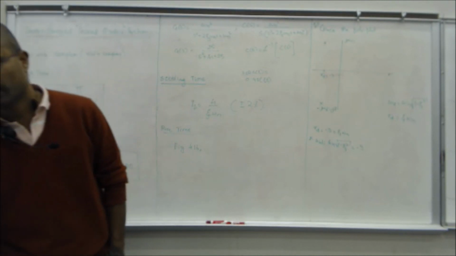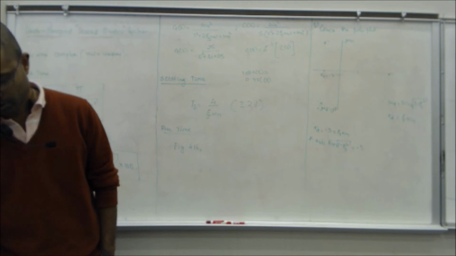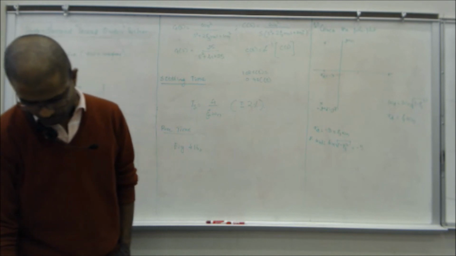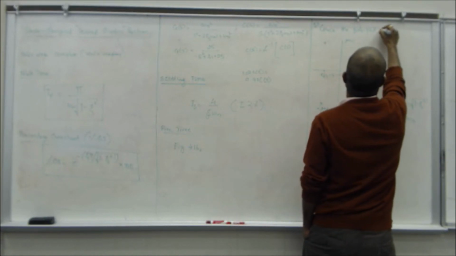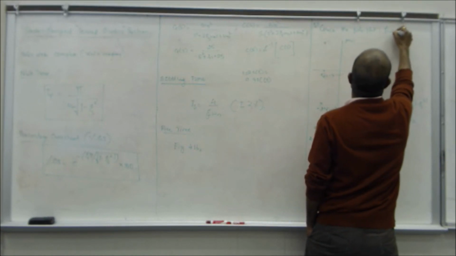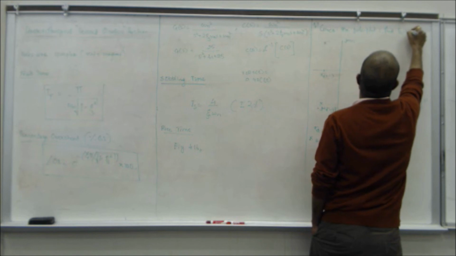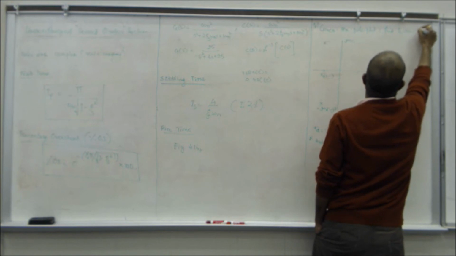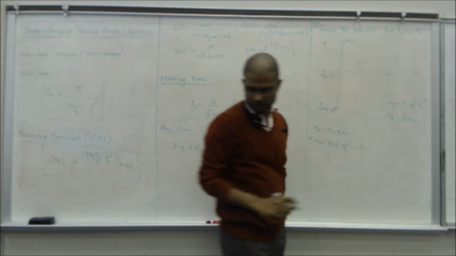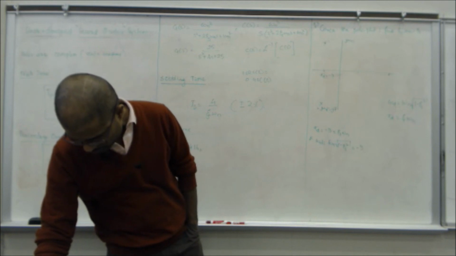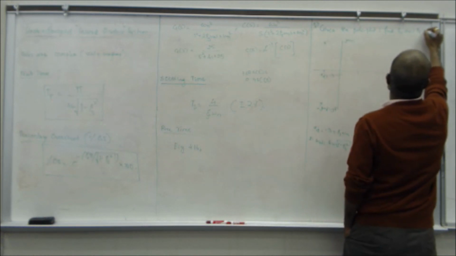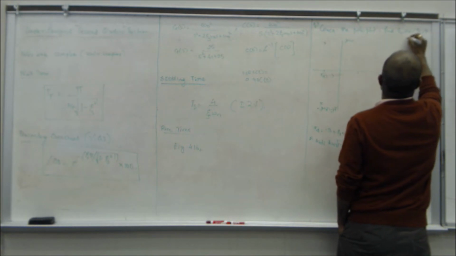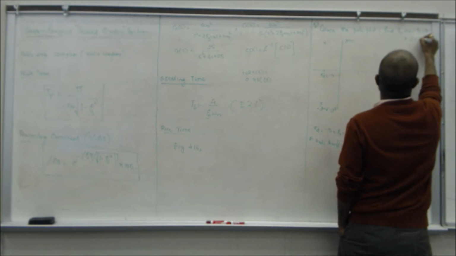So you can obviously find the system as well, but the question here would be to find zeta, omega n, Ts, TP and percentage overshoot.